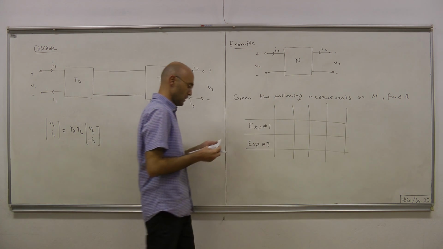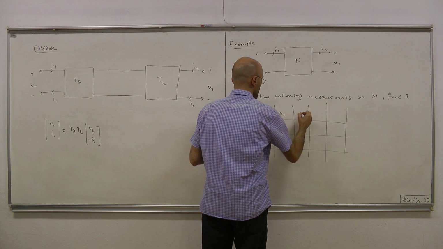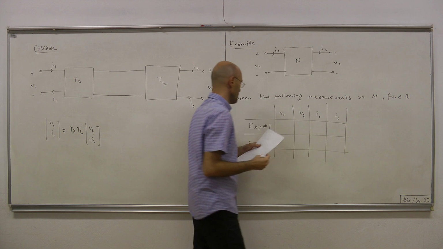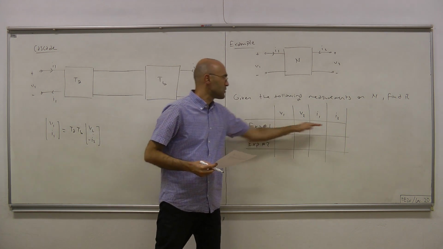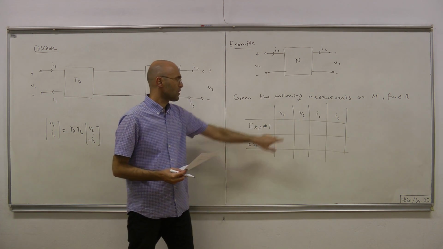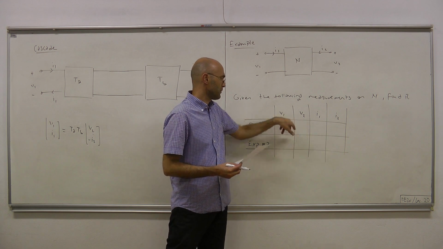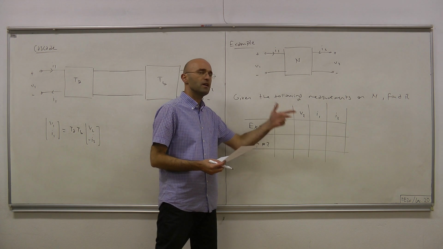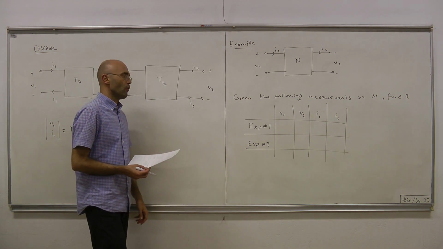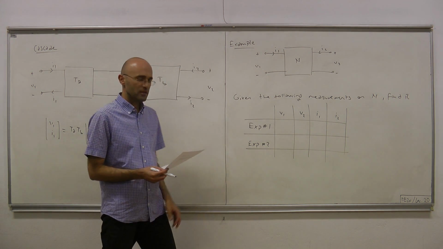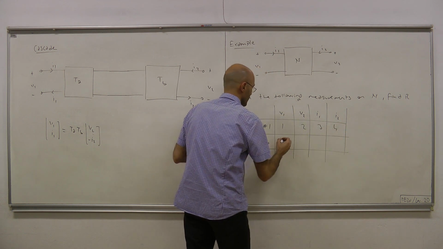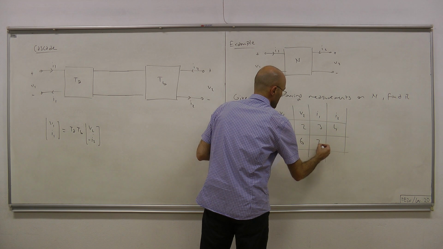So V1, V2, I1, I2. For the first experiment, you obtain some set of numbers, voltages for these two entries and currents for the remaining two entries. And for the second experiment, you obtain another set of 4 numbers. It doesn't really matter what the numbers are, so let them be just arbitrary entries: 1, 2, 3, 4, 5, 6, 7, 8.